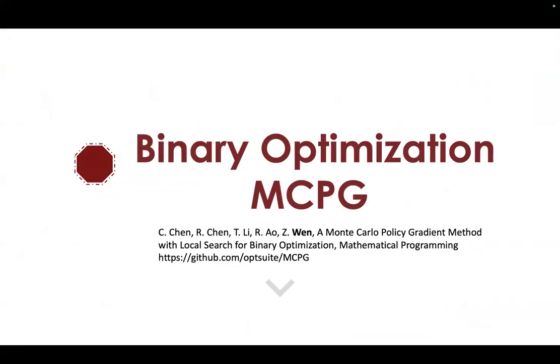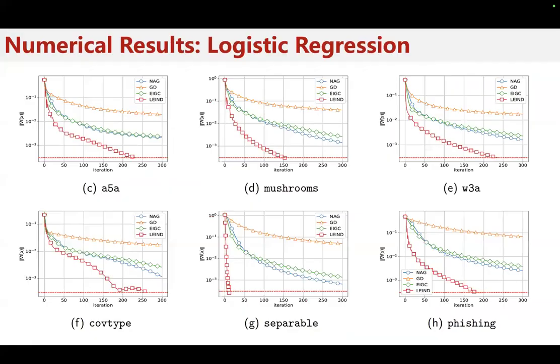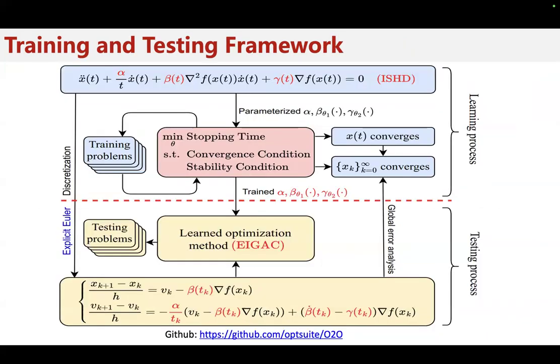Maybe I can ask. Sure, please. Is this learnable algorithm universal, or do you need to tune it on every data set? This is a very good question. It depends on how you parameterize those things.